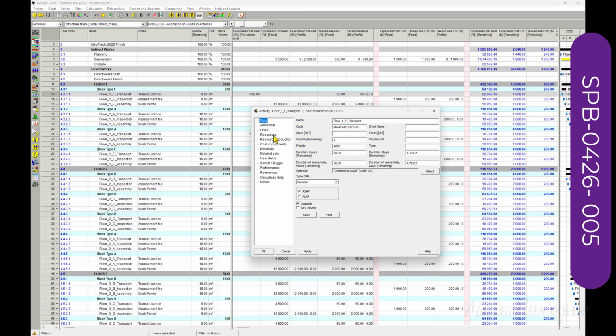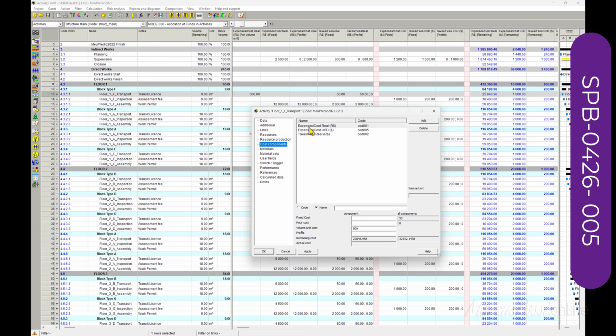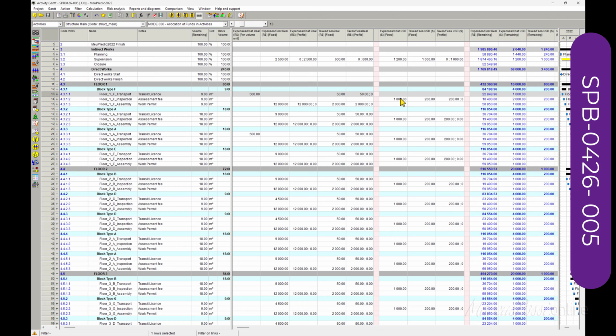Transfer license, risk costs, expenses, cost real. Expenses, cost real. There is tax fee. Oh yes, you have a dollar fee for assessment for the work.